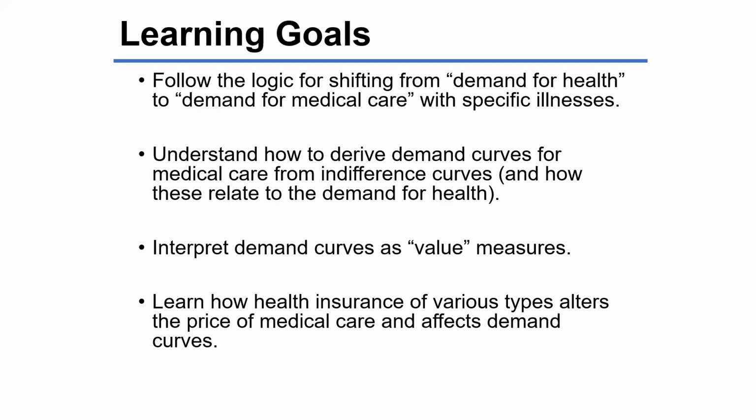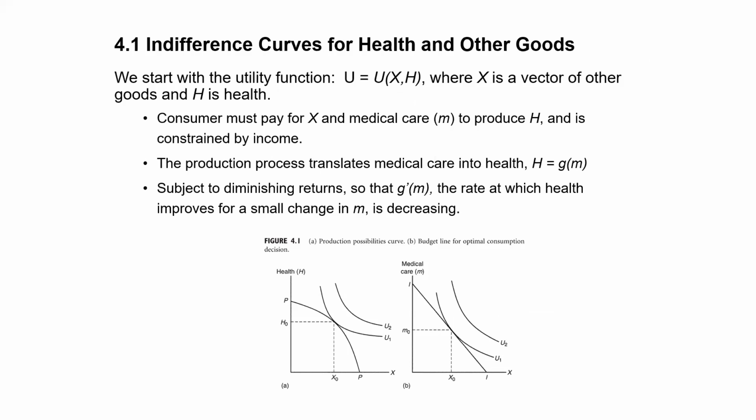And then we learn how health insurance is a unique variable in healthcare markets, how it alters the pricing for medical care, and how it affects demand curves as well. So let's revisit our indifference curves for health and other goods. You remember our utility function.